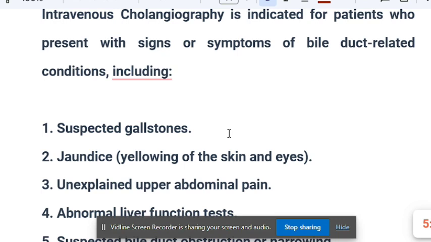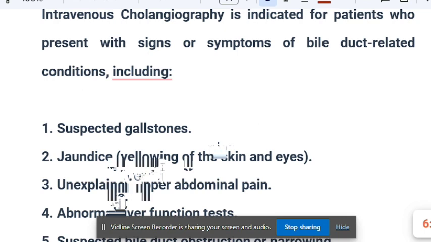So if we see there is an obstruction in the bile duct, then we consider this jaundice to be obstructive jaundice. So for confirmation, we get an appropriate idea of the reason and cause of the jaundice, whether the patient has obstructive or non-obstructive jaundice.